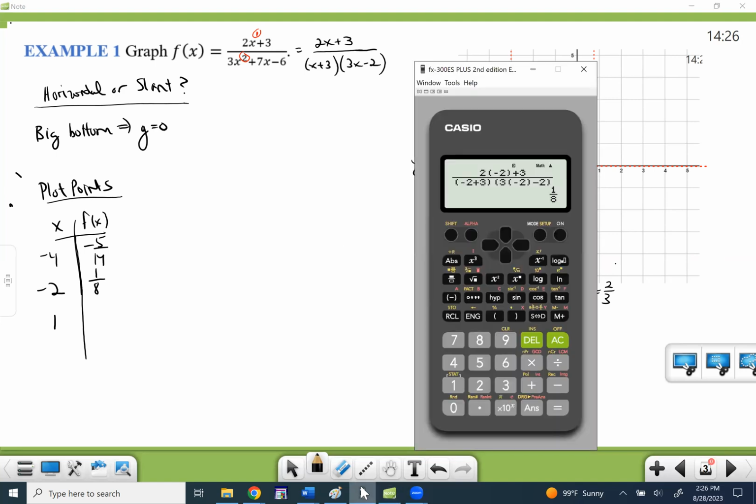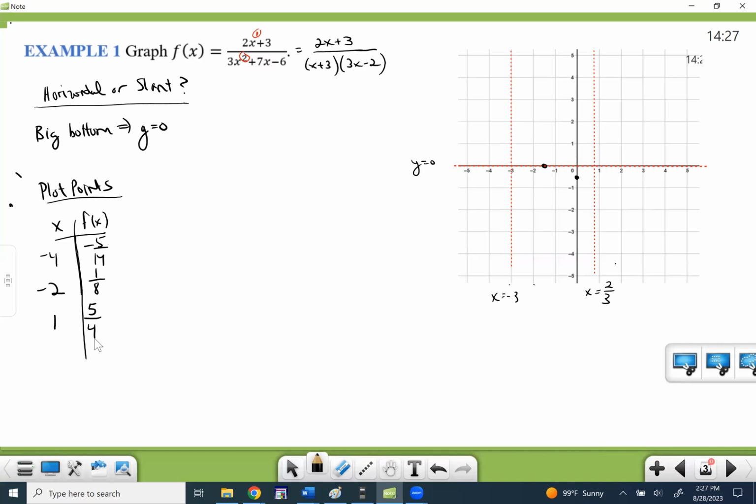And then we're going to go ahead and substitute 1 in. All right. Clean up some of these stray marks. Okay. Now this is 1 and 1/4, by the way.